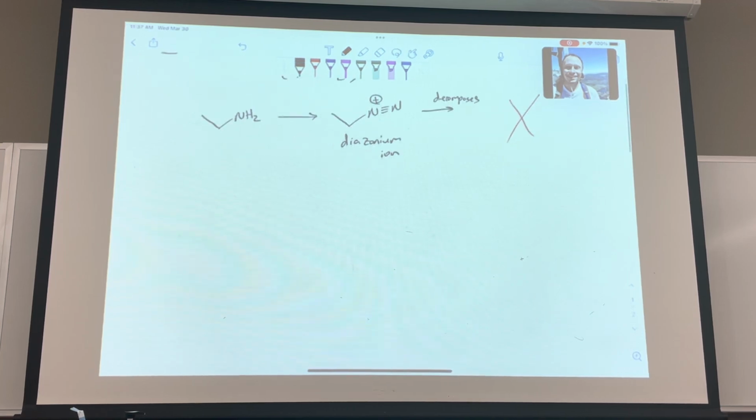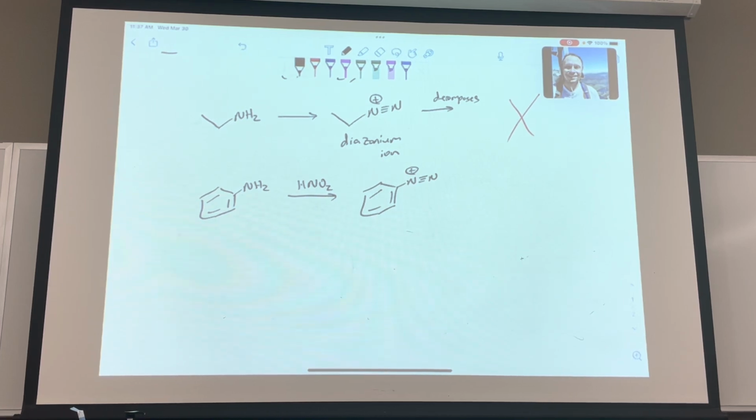However, if you do this with an aromatic primary amine, you make an aromatic diazonium, and these are relatively stable, right?